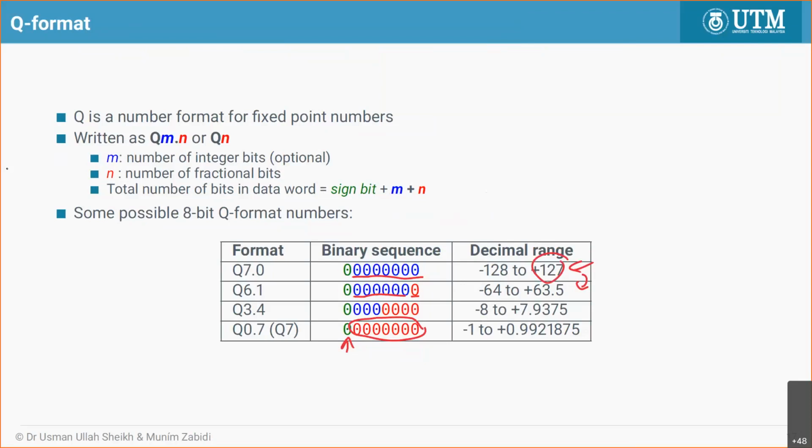If you do the calculation, this number is 127 divided by 128, and minus 128 divided by 128 gives you minus 1. So 127 divided by 128 is the highest you can go with Q7.